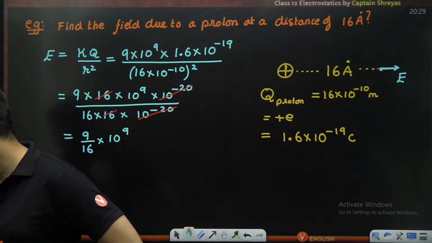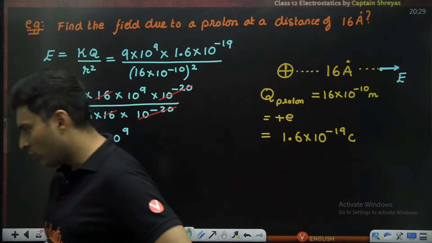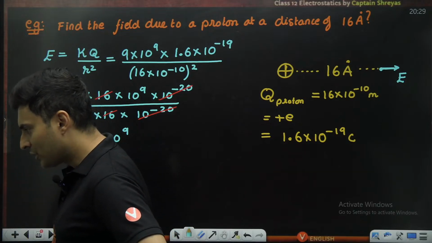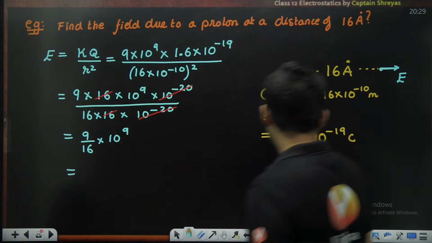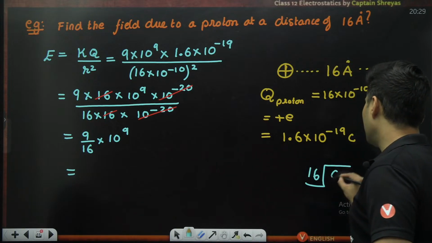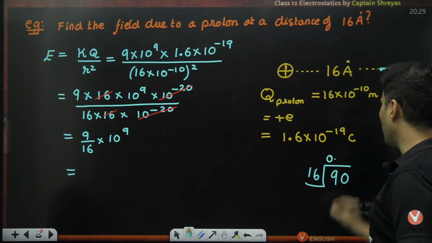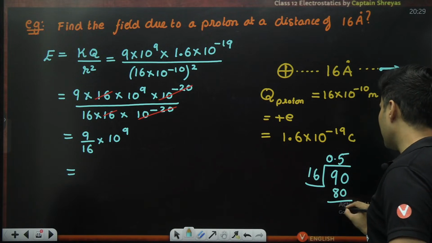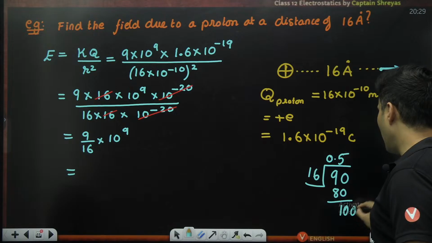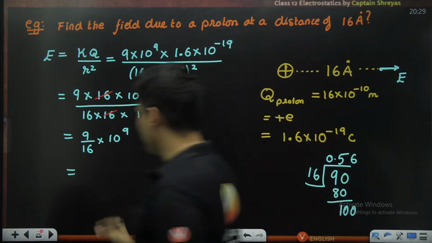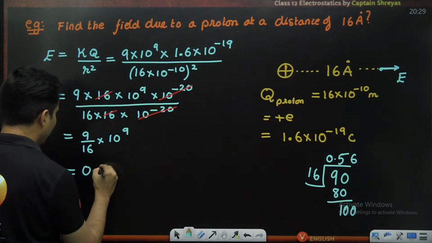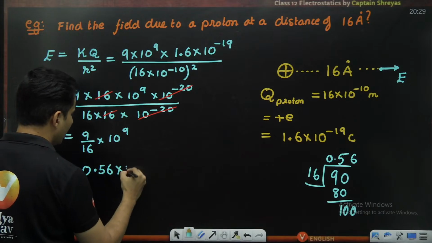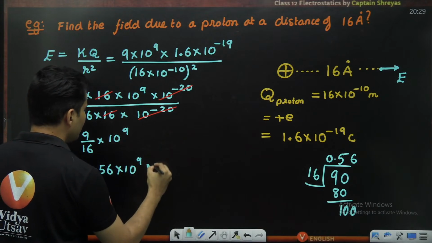Yes, Kn dot saying 0.56. Perfect. 16 and 9: 0.56 should be the answer, guys. So 0.56 into 10 to the power 9 newton per coulomb.